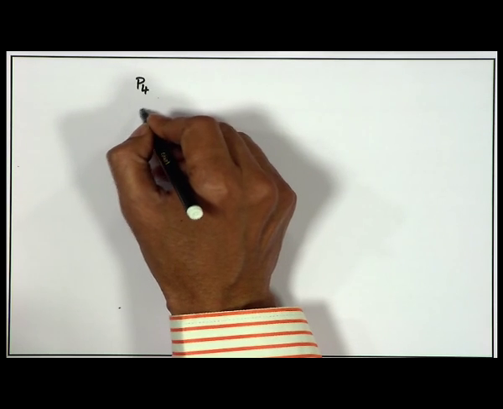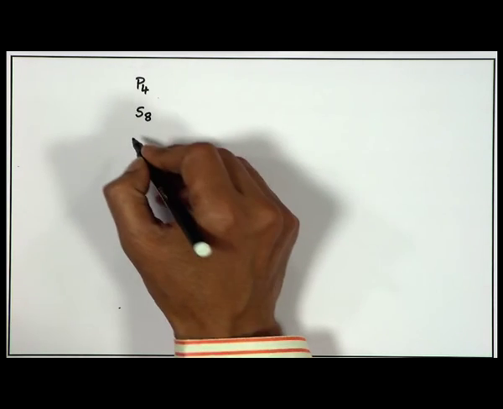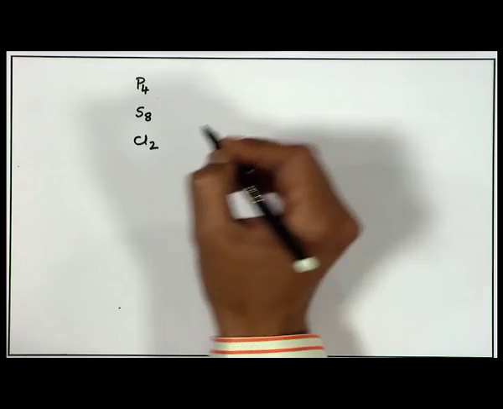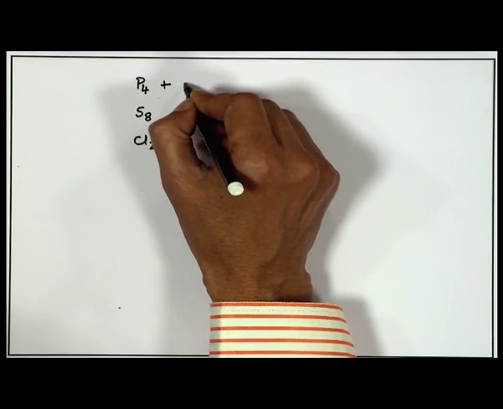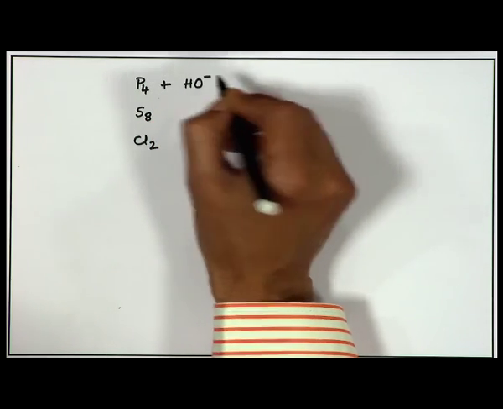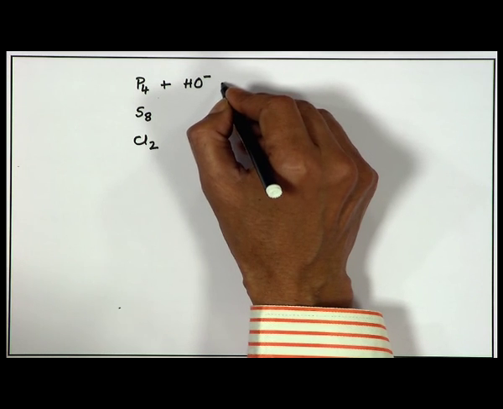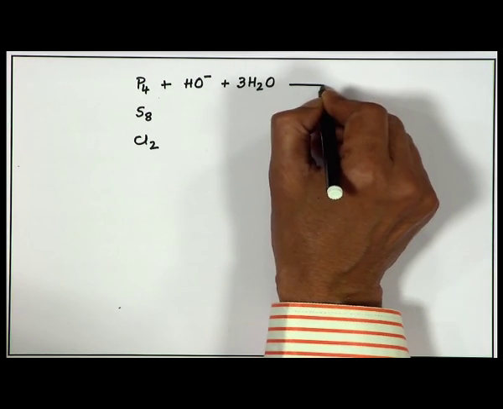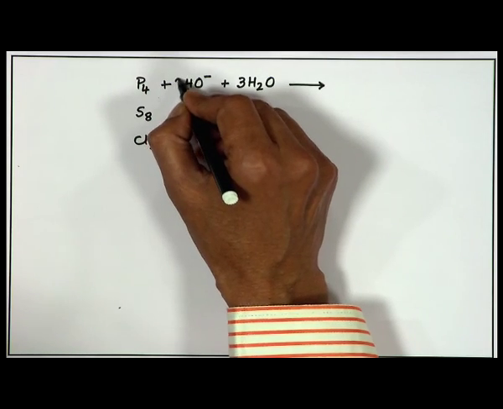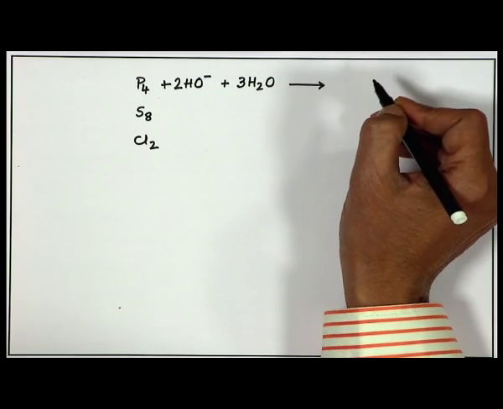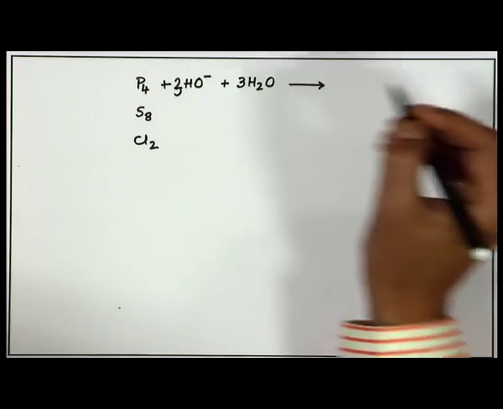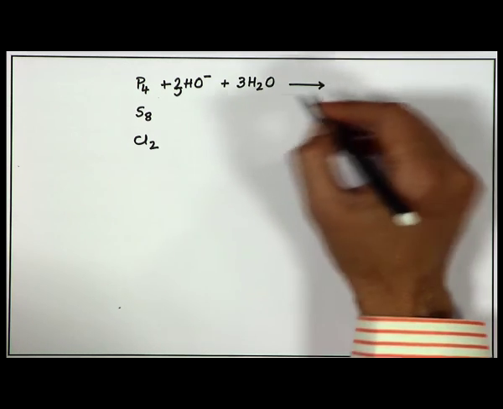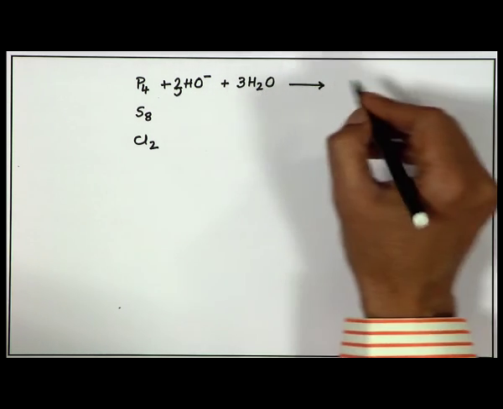So, you have P4, you have S8 and you have Cl2, which can be reacting with hydroxide ion in presence of some more water, and we need 3 hydrogen. So, 3 hydrogens will be there from this hydroxide and 3 water molecules will be there.